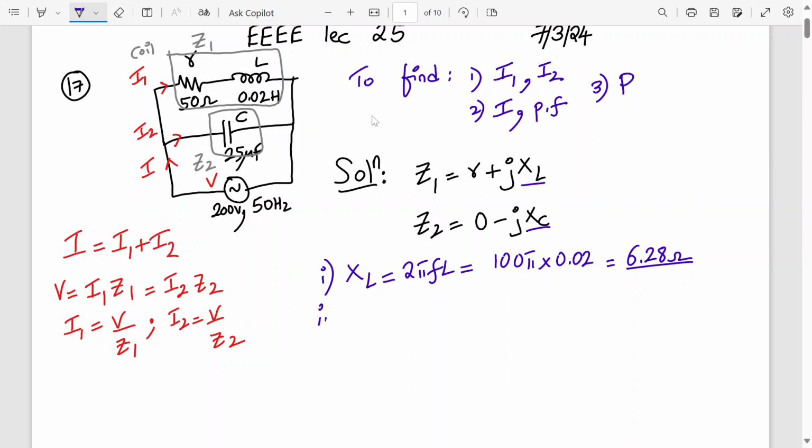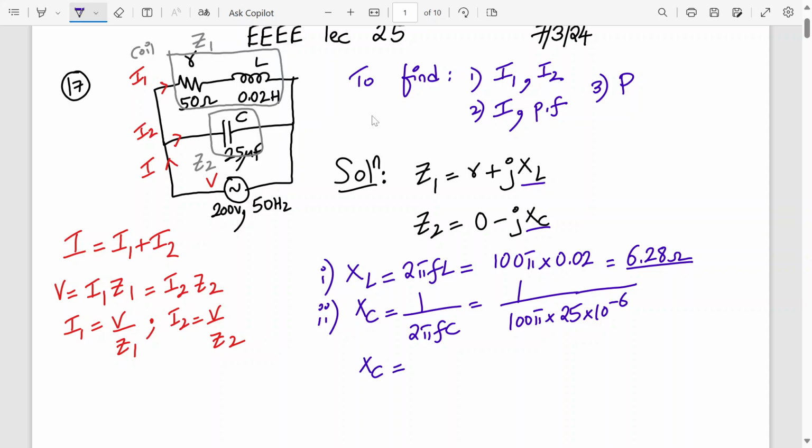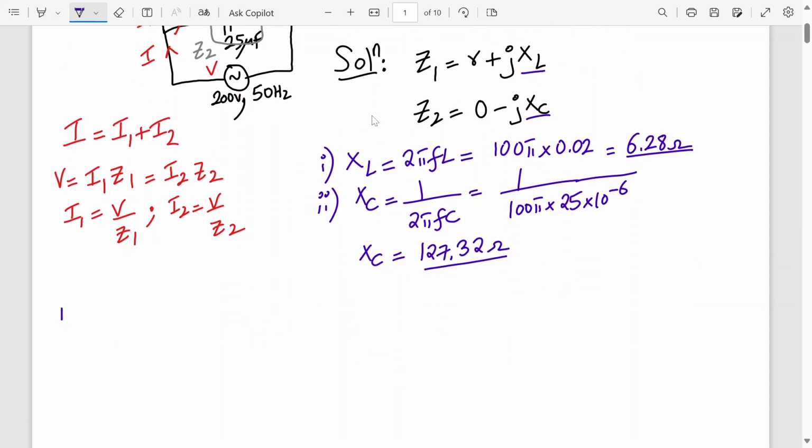Then the second thing we calculate is XC, which is 1 upon 2 pi fC, which is 1 upon 100 pi into 25 into 10 raised to minus 6. How much was this value coming in your class? 127.32, right? Correct?